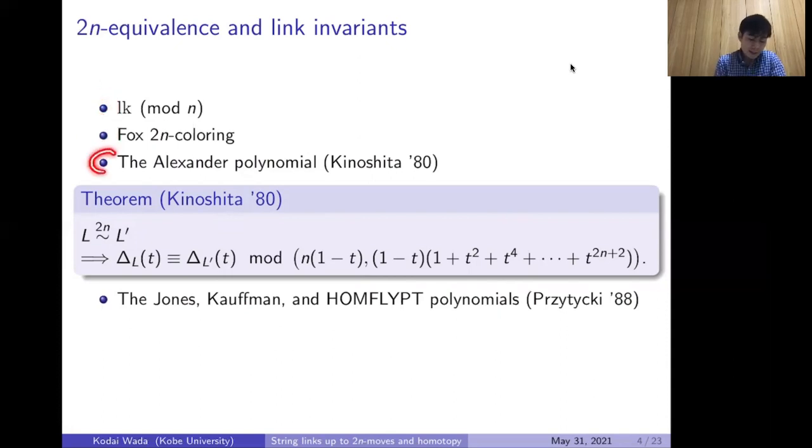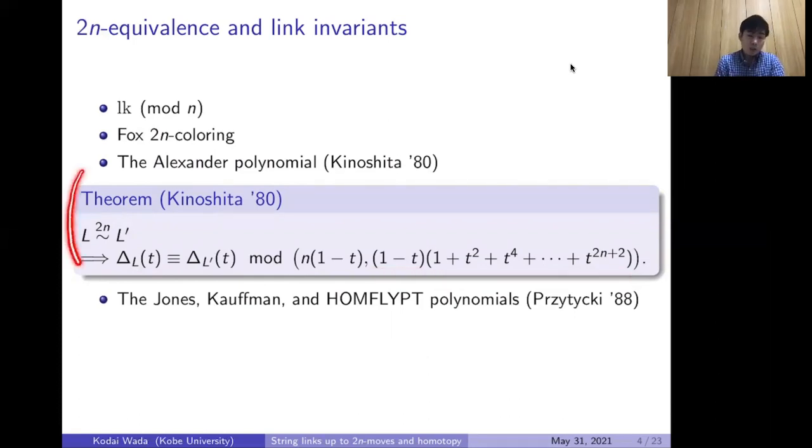In 1980, Kinoshita proved that if two links are 2n-equivalent, then their one-variable Alexander polynomials are congruent modulo the ideal generated by two polynomials: n times 1 minus t, and 1 minus t times 1 plus t squared plus t to the power of 4 plus ... plus t to the power of 2n plus 2.